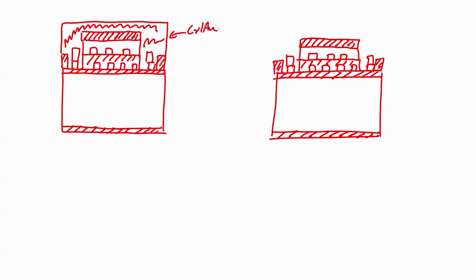On chrome gold, after we perform the lithography step, we can pattern the photoresist in this particular fashion. This is your photoresist, all right.